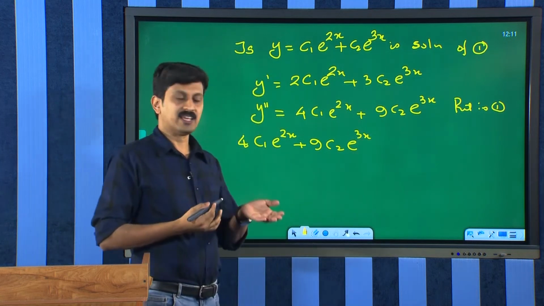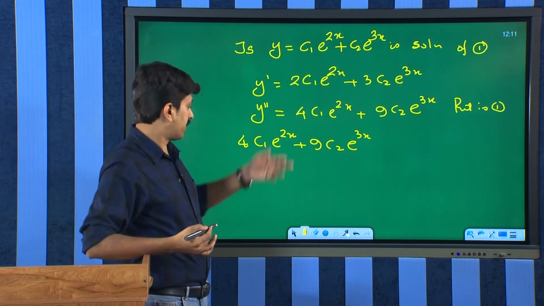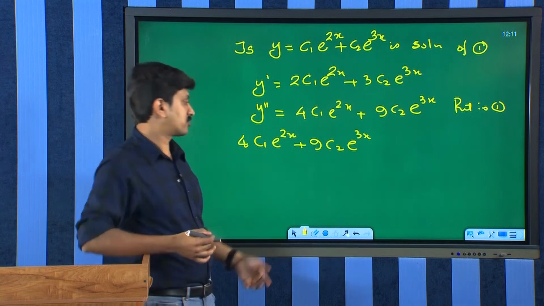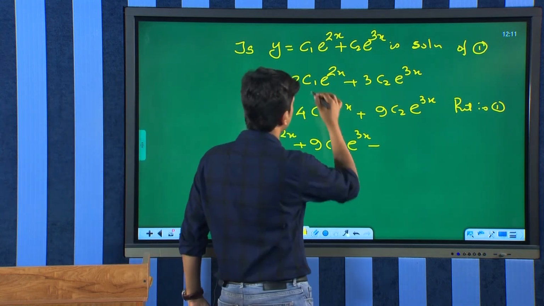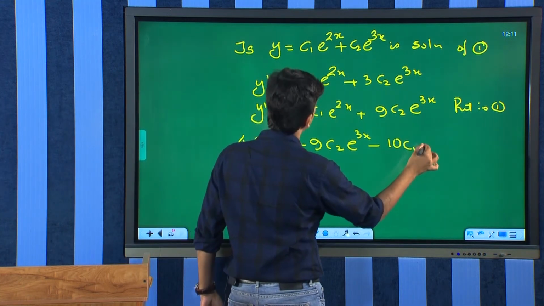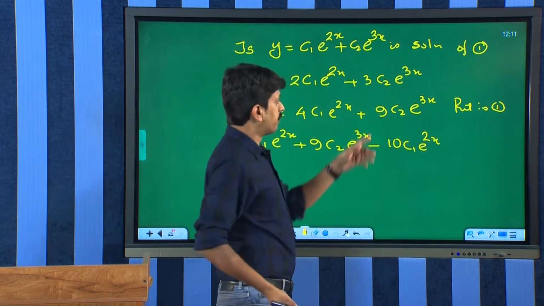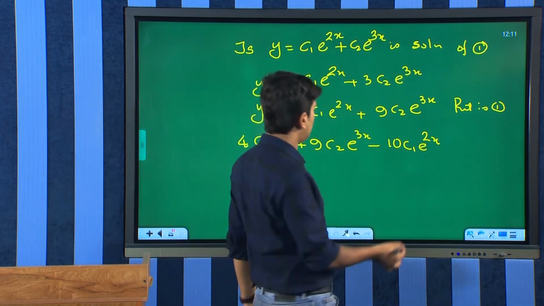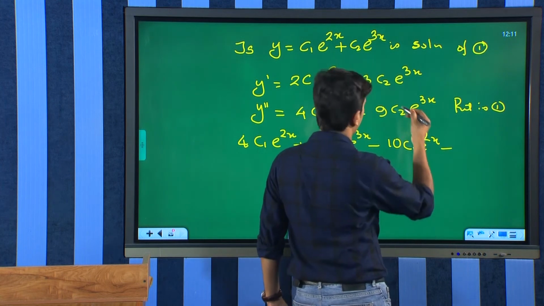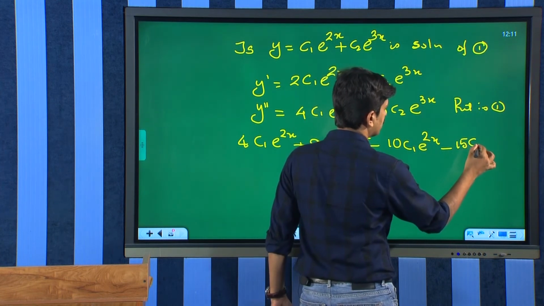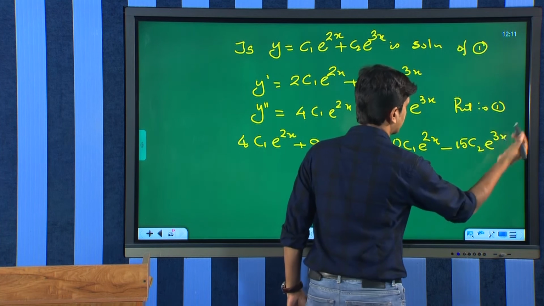Again, we will have minus 5y dash, so minus 5 into 2, 10 C1 e raised to 2x, minus 5 into 3, that is minus 15 C2 e raised to 3x.